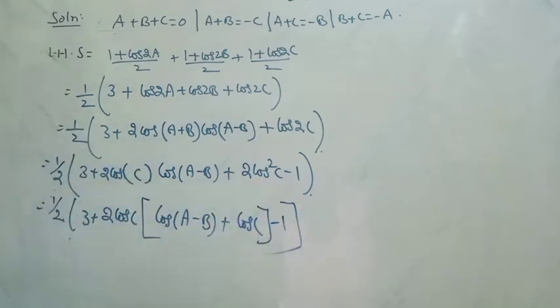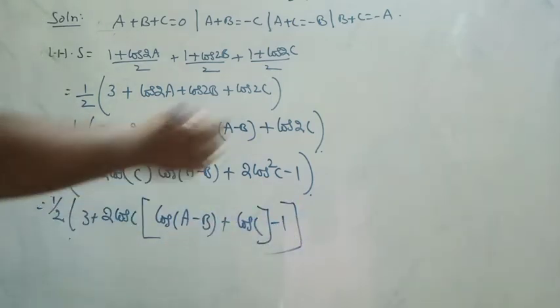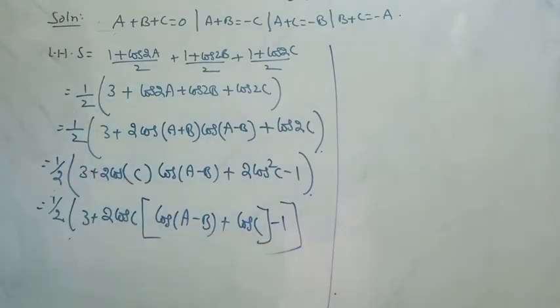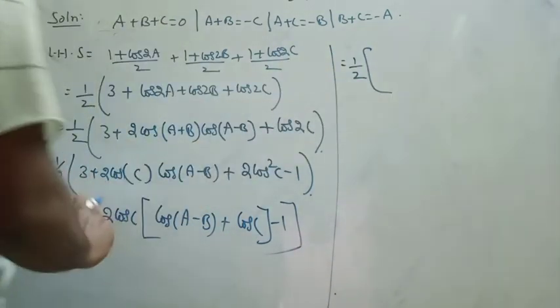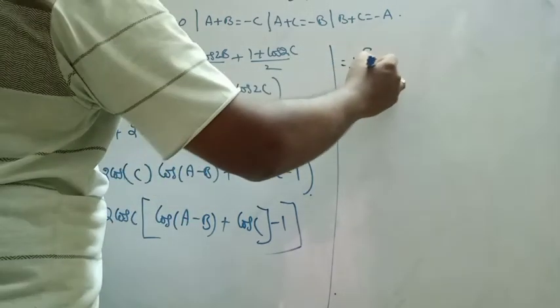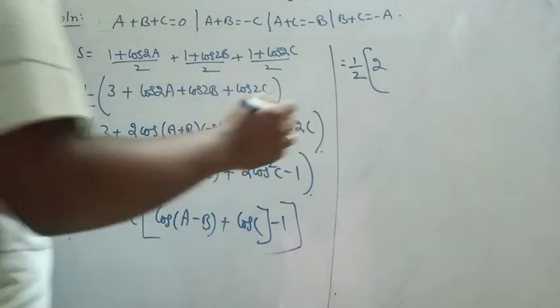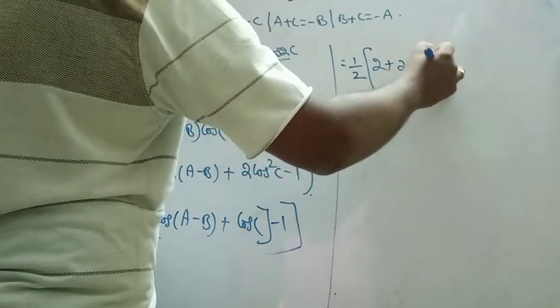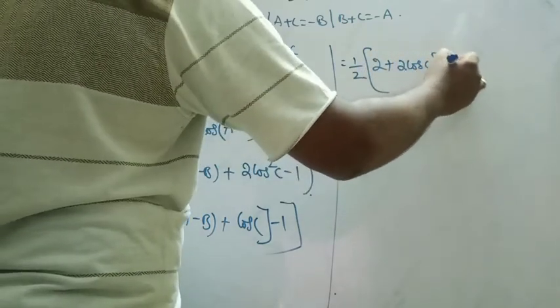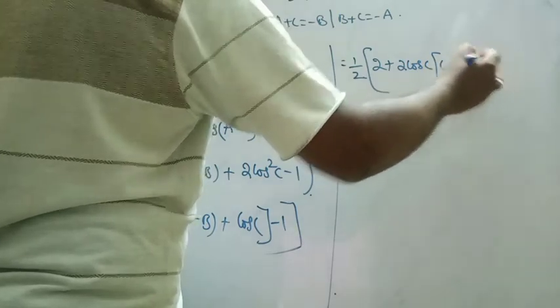Now this is 1 by 2 into 3 minus 1, that is 2, plus 2 cos c into cos of a minus b plus cos c.